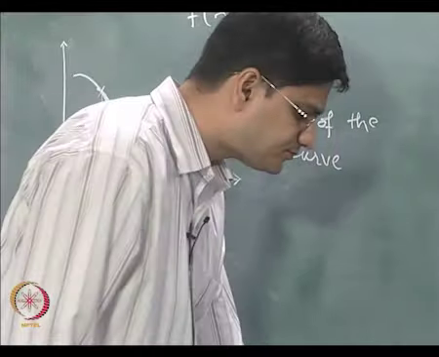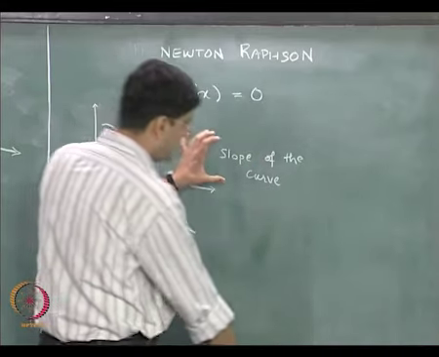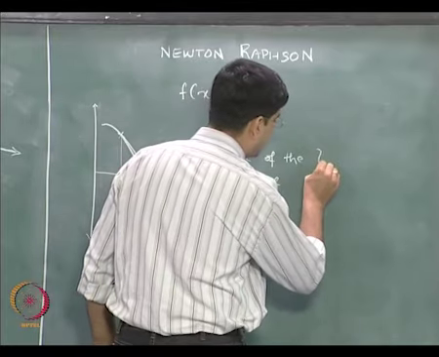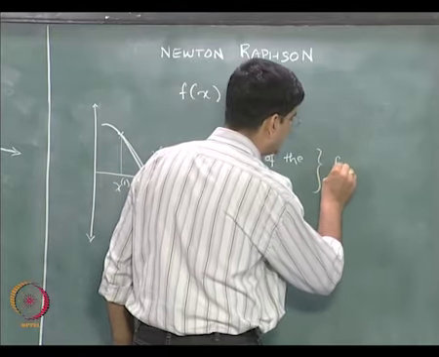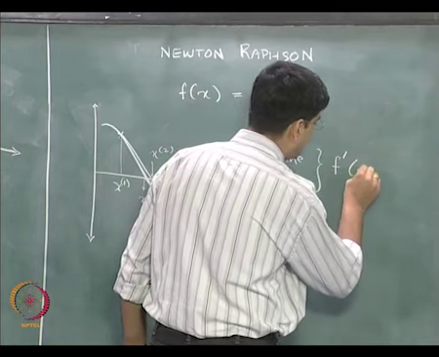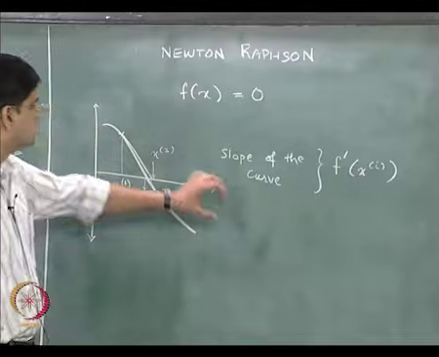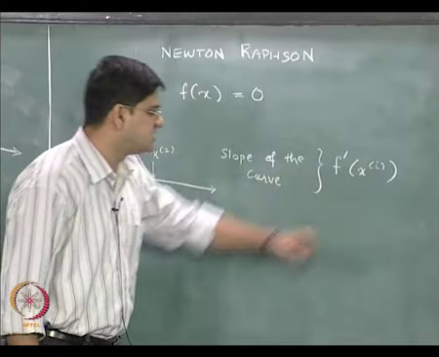What we obtain is essentially the slope of the curve at xi. The slope of the curve at xi is nothing but f dash of xi.